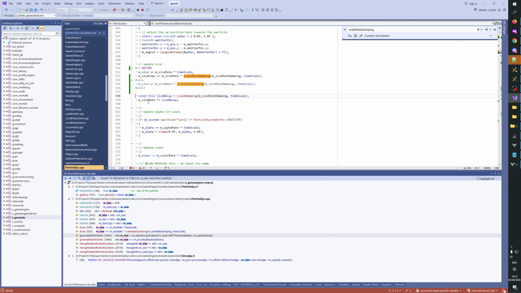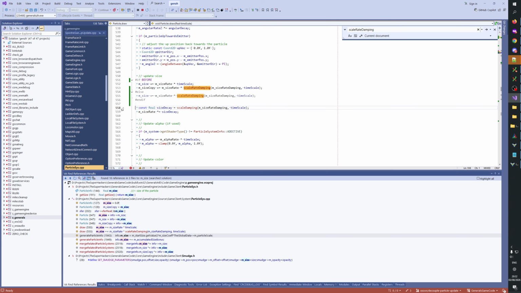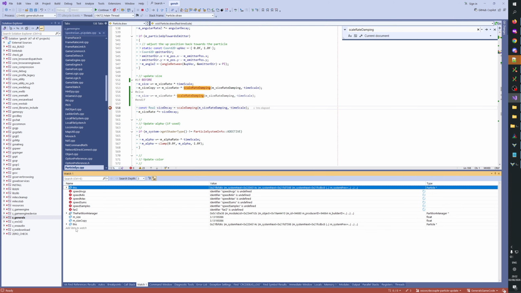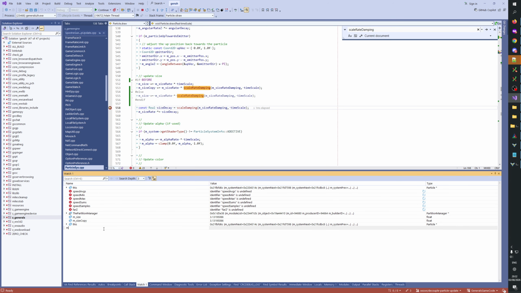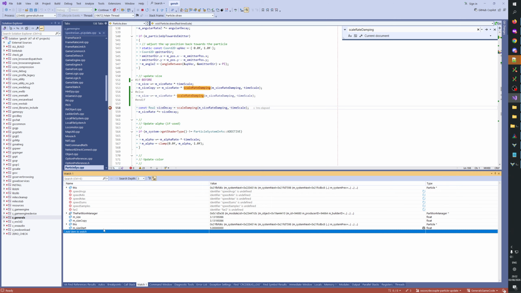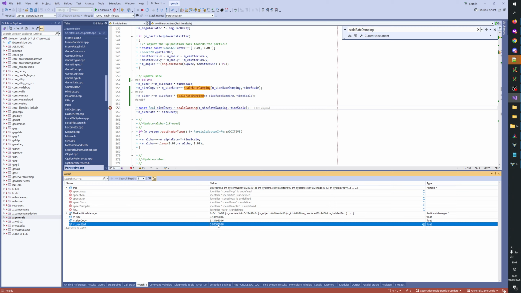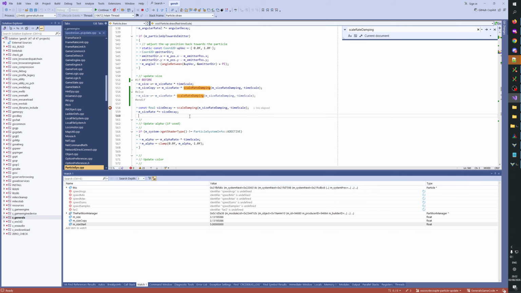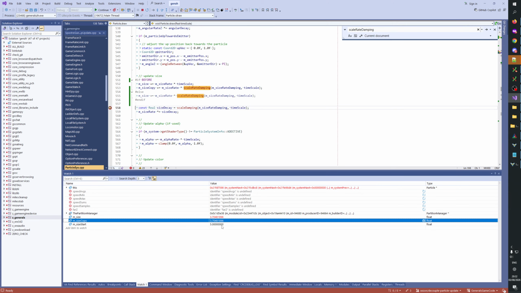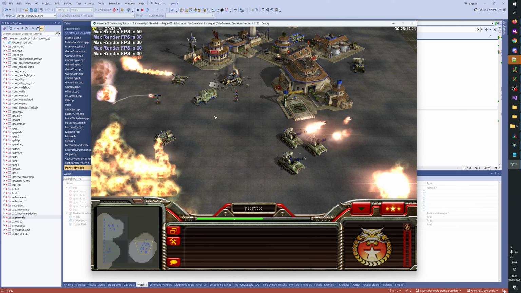So then let's add size start here as well. Okay. Okay, now size and size copy look exactly the same because we are at timescale 1.